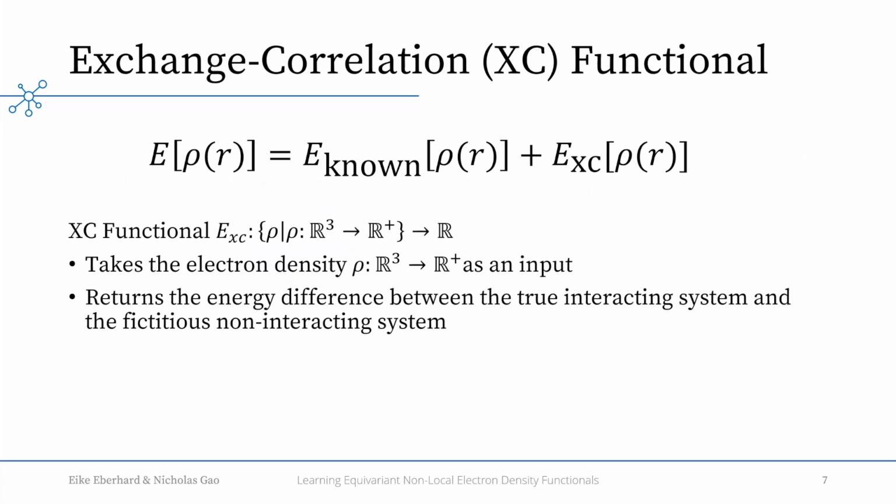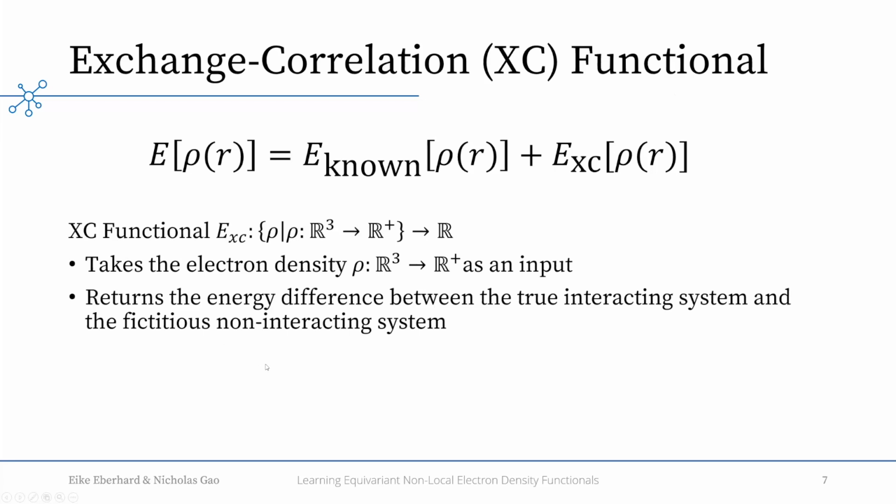The typical approach, which is done in Kohn-Sham density functional theory, is factorizing it into a known contribution, of which we have a hold, there's an analytic expression, you can just compute it, and the so-called exchange correlation functional, which is the focus of our research. Again, this as a functional just maps a function, like a density function, to a scalar value.